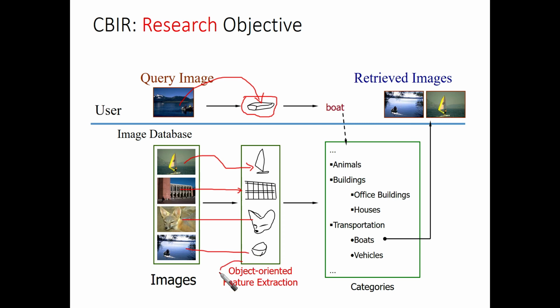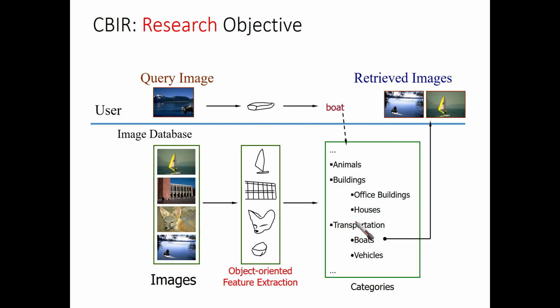And then, when this object-oriented feature extraction is done, we do some sort of categorization between them. For example, when people search, they ultimately have some predefined categories, right? So for example, we might search animal categories or building categories, transportation categories, those kinds of things.